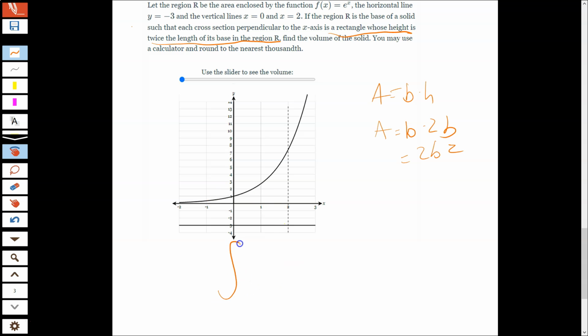My integral is going to be essentially the same. Here, mercifully, they gave us the bounds, so from 0 to 2. And then it looks like e to the x is on top, minus -3 is on the bottom, squared, and then we need to throw in that 2, right?